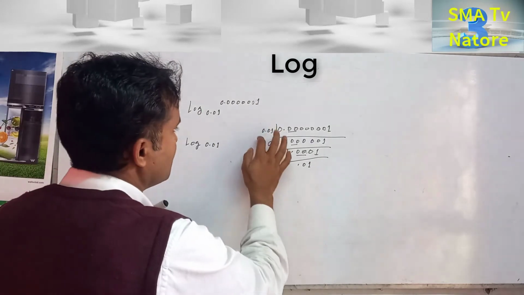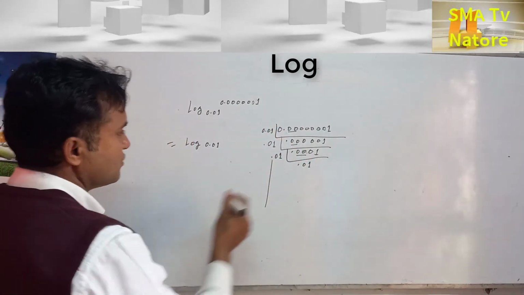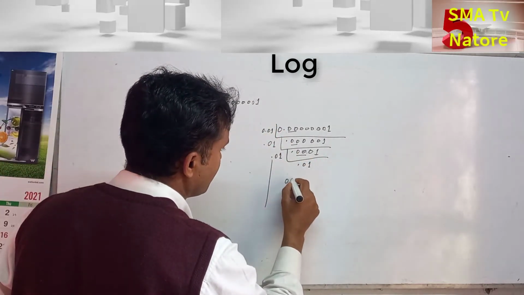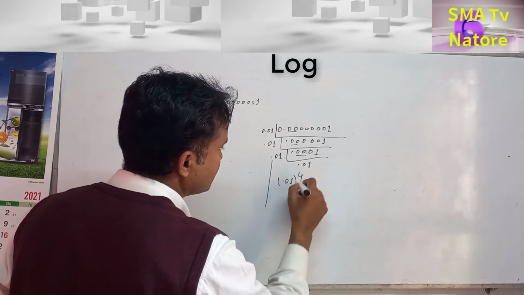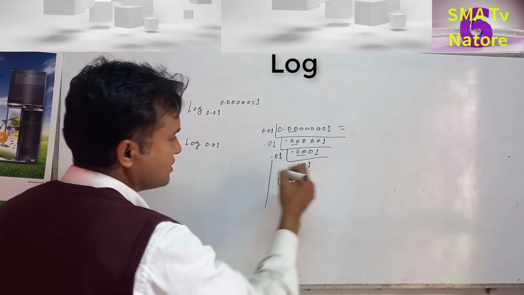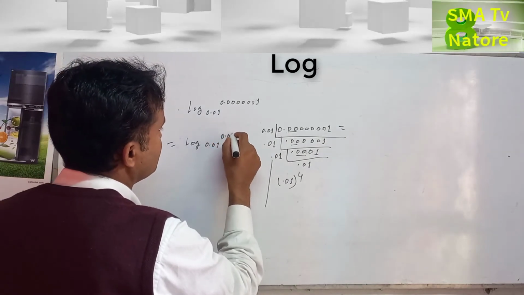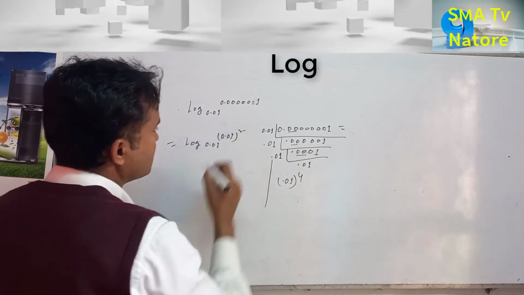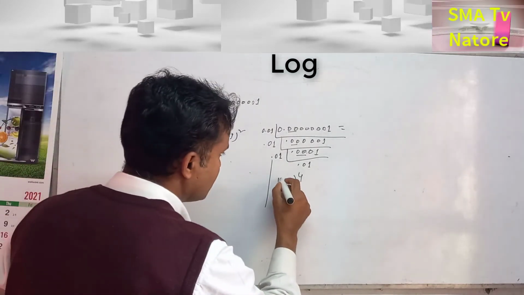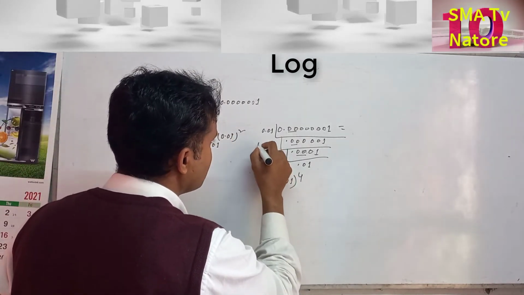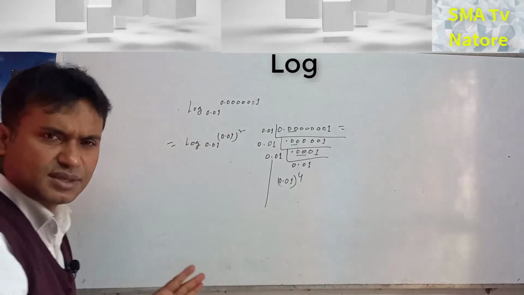We can find out that 1 2 3 4, so we can say that 0.1 and here the power is 4 according to this result. Okay, so here we can write down 0.01, next one the power is the same, so here is also 0, also 0, also 0, also 0, the same, no problem.